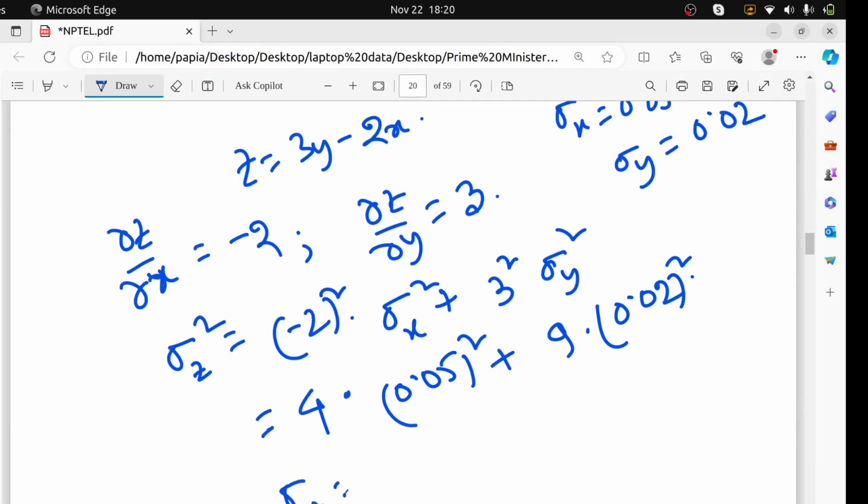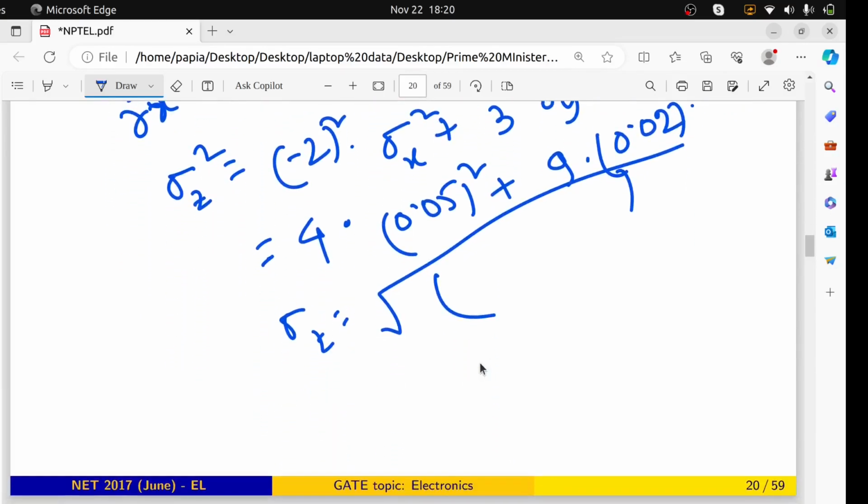Now sigma z will be the root of this. Let me calculate this: 0.05 whole square into 4 plus 0.02 square into 9, root over the answer. This is 0.0136, and if I calculate the root, it comes as 0.116.